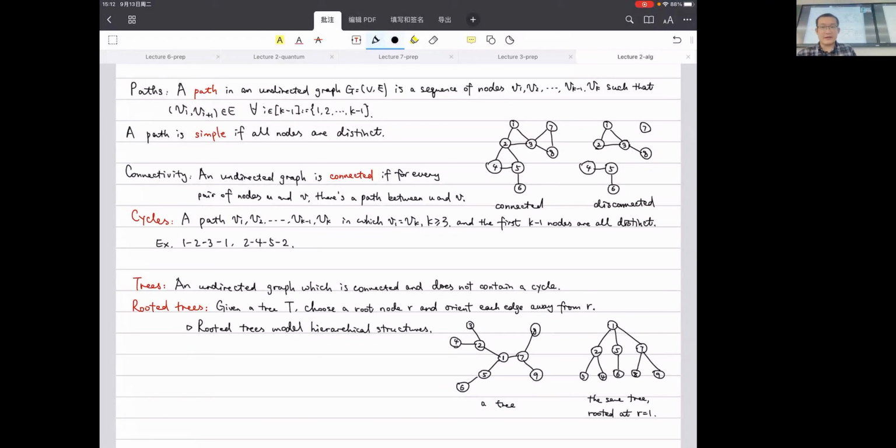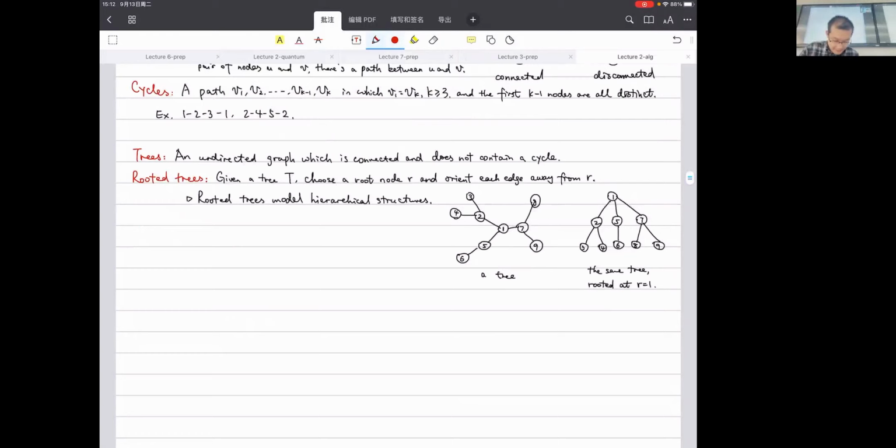Following that, we have the definition of a rooted tree. A rooted tree is a tree where you regard one of the nodes as the root, and then from this root you just go down like this. For this example, you can clearly see that this is a tree, but you can also consider it as a rooted tree, rooted at r equals 1.